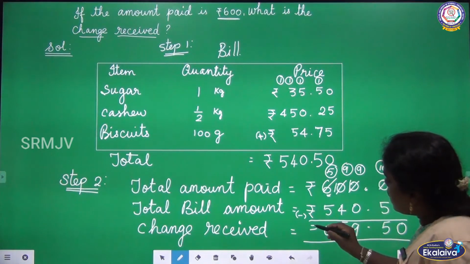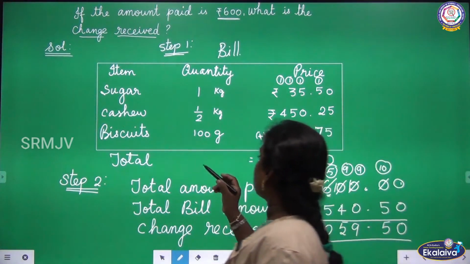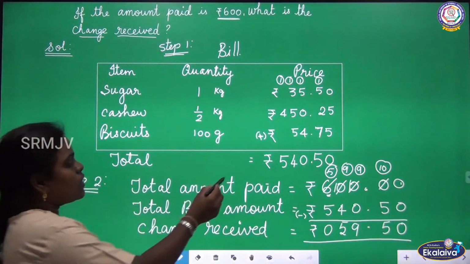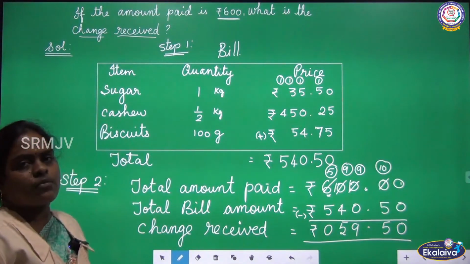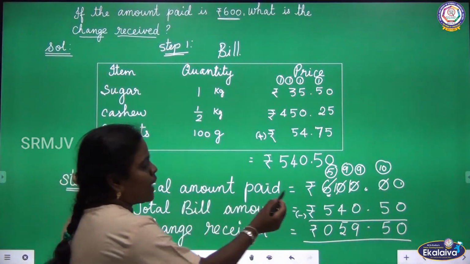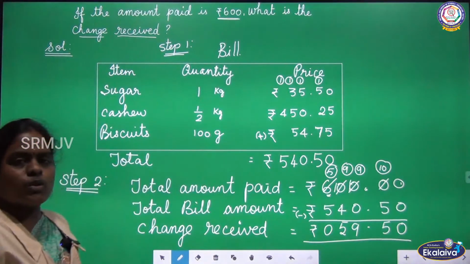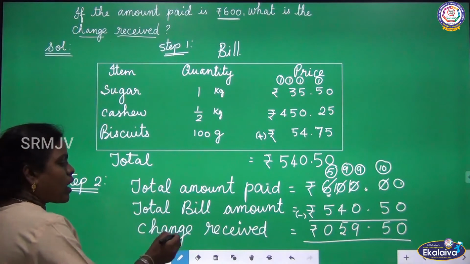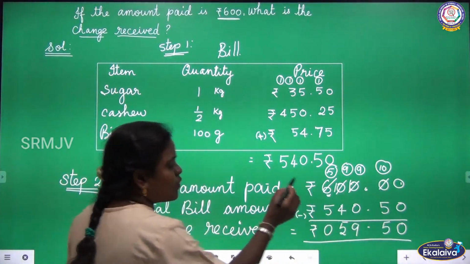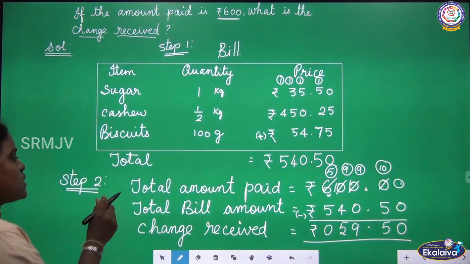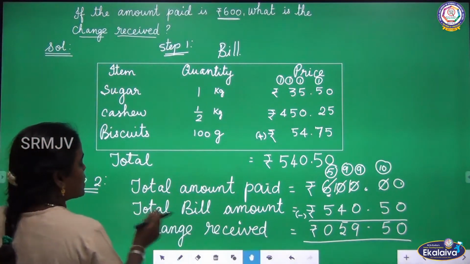So listen children, the cost of the total amount of the things is 540 rupees and 50 paise, but he paid 600 rupees to the shopkeeper. So he got 59 rupees 50 paise as change. So let us write the answer.